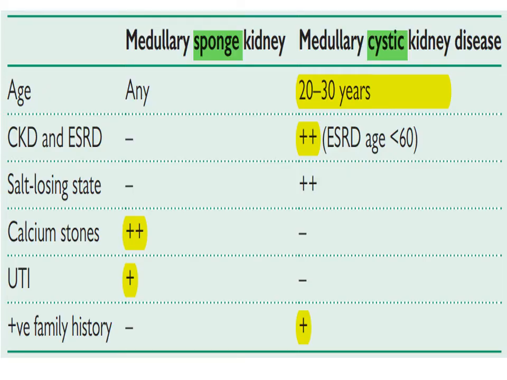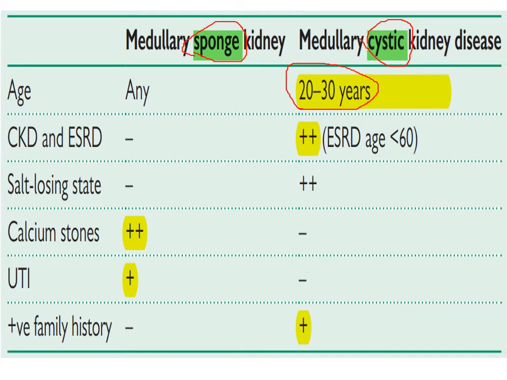This table is important for differentiating between medullary sponge and medullary cystic kidney disease. As we said, medullary sponge can occur at any age, but medullary cystic usually presents between 20 and 30 years of age.